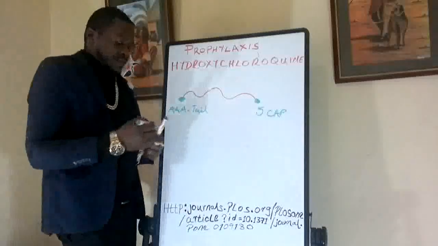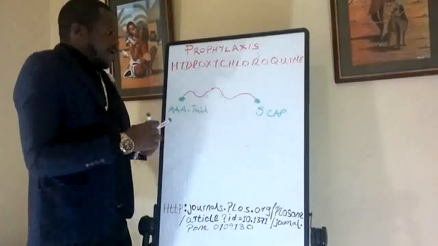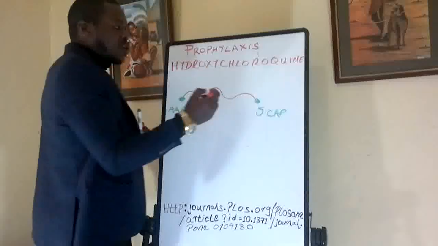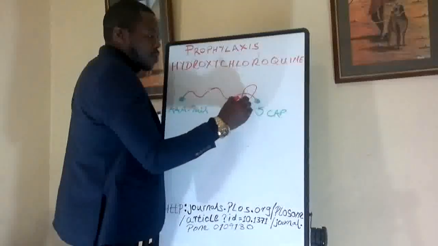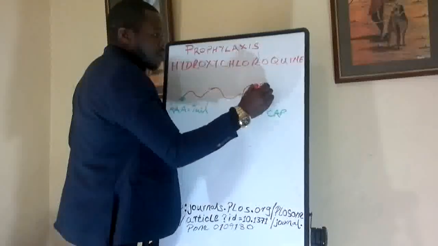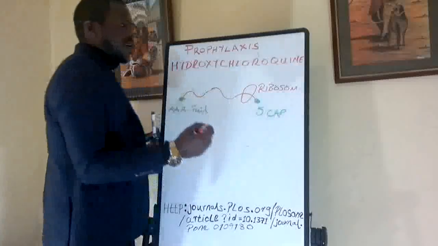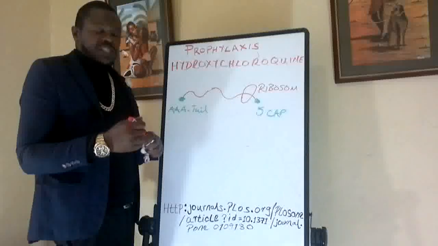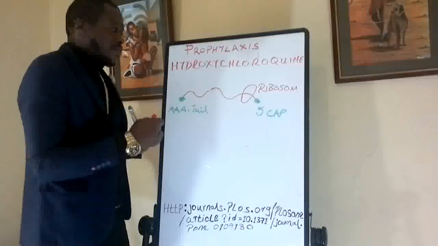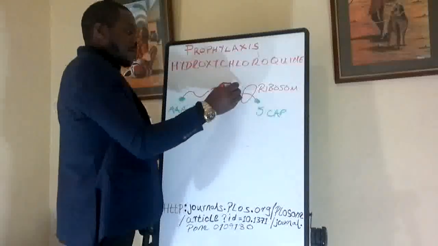Once that has been done, it signals to the ribosome. So this is the ribosome, that the RNA is ready for creation of a protein.